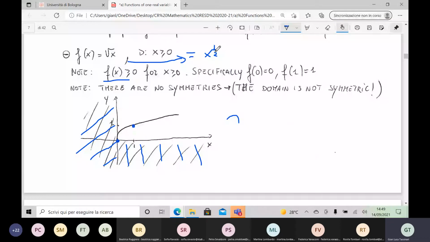And all power functions of this kind, or irrational functions, for example, the root of order 4 of x, the root of order 6 of x, which correspond to x to the power 1 over 4, x to the power 1 over 6, again have a very similar pattern.